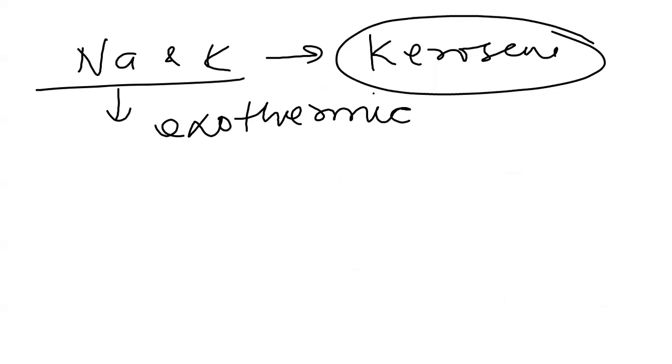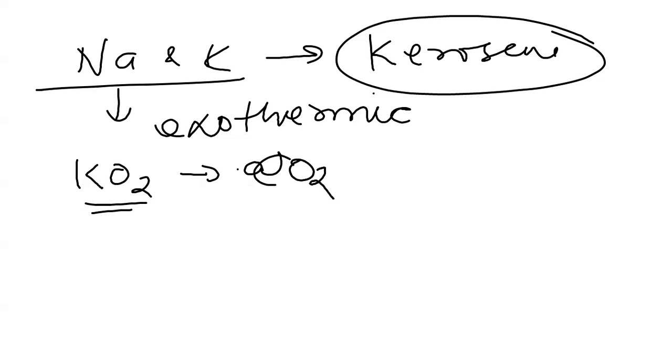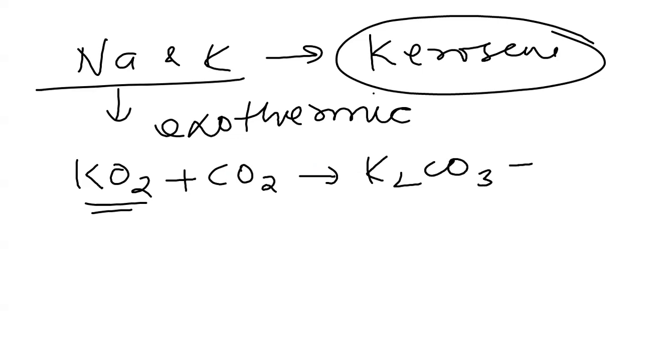And here we have one oxide, that is potassium superoxide. Now this superoxide absorbs carbon dioxide. It combines with carbon dioxide and gives out K2CO3 plus oxygen.